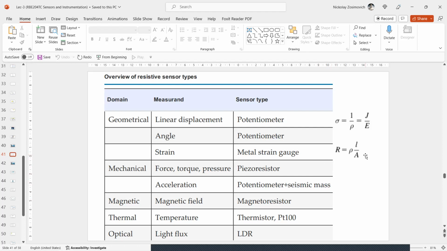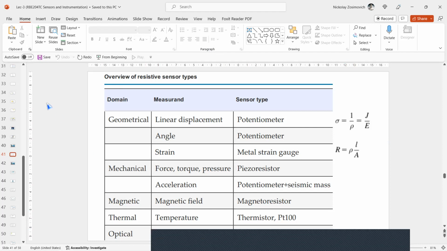Strain gauges are based on changes in 1 over A, applied in force and pressure sensors. While the parameter rho is the property of interest in piezoresistive, magnetoresistive, thermoresistive, and optoresistive sensors. And this table presents an overview of the various resistive sensors discussed in our lecture.